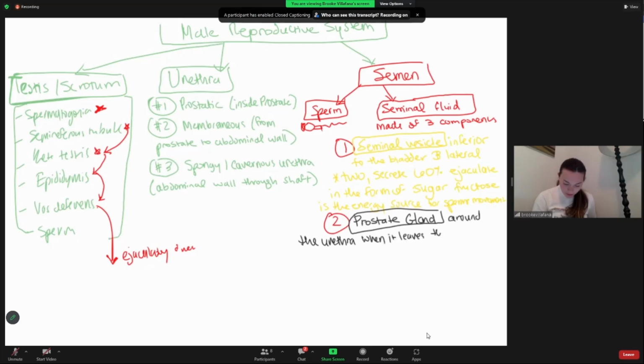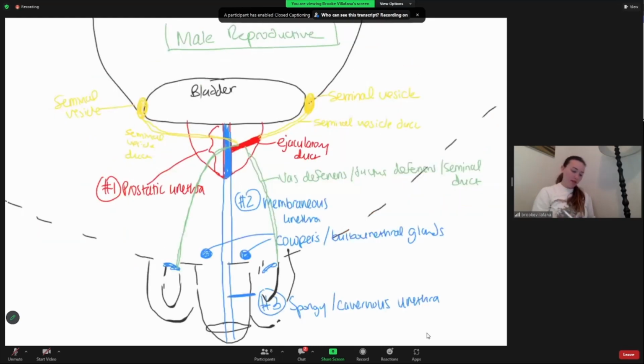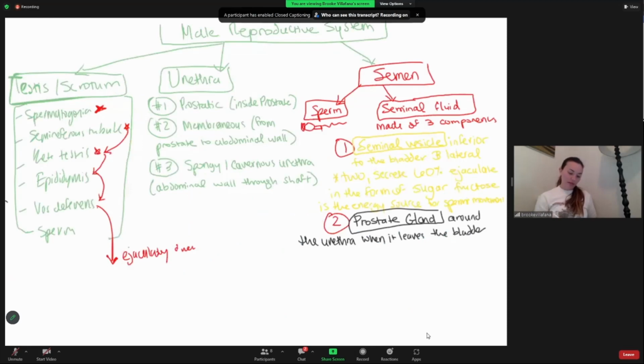So from our picture before, our prostate is this gland and it's coming out of the bladder surrounding the urethra, right? So prostate gland, and it also secretes two things, running out of room, releases two things, and these are still part of the seminal fluid, which is part of the semen, right? So component A and B.